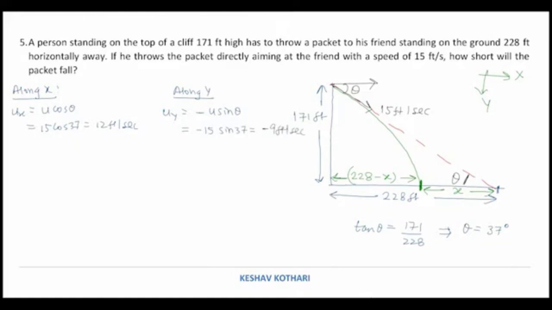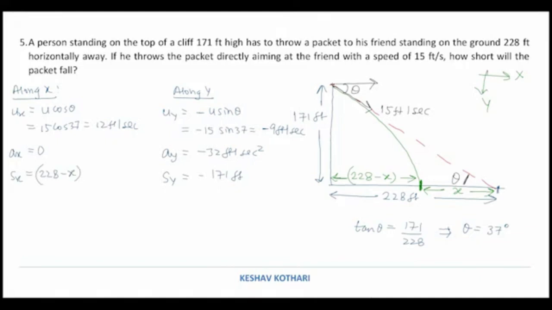Now the acceleration along x-axis is 0, and along y-axis acceleration is equal to minus 32 feet per second square. The displacement along y-axis is equal to minus 171 feet, that is the total distance between the point of throwing and the ground, and displacement along x-axis can be written as 228 minus x.